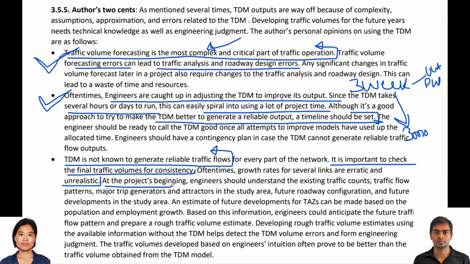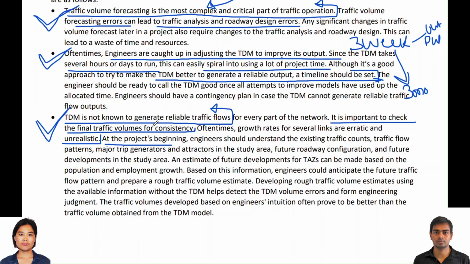So at project beginning, this one is talking about our intuition, which I was trying to explain. At the project beginning, what I typically do is look at the study area, look at the growth, look at the trip pattern and do the select link analysis, to figure out how traffic is flowing in the study area from zones to zones and how those zones are going to evolve in future based on the employment and population growth.